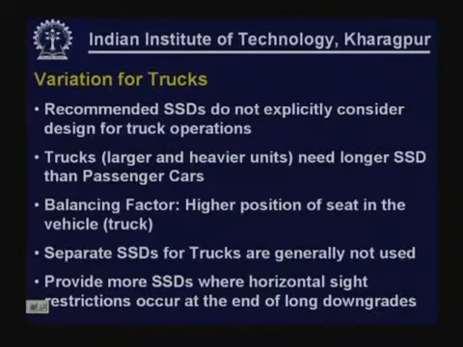However, one must remember that there is a special situation where this more height of truck drivers will not be meaningful or useful. That is, when horizontal sight restrictions occur at the end of long downgrades.